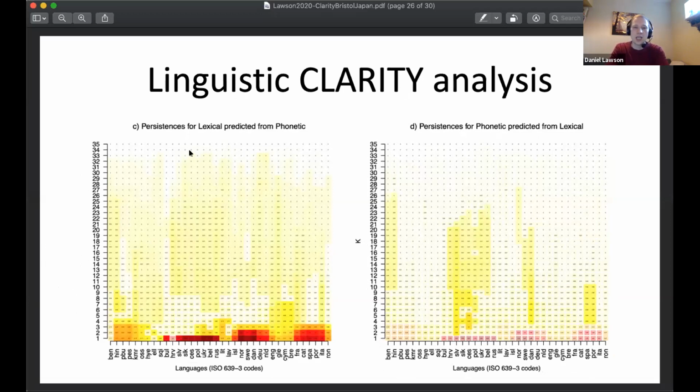If we're trying to predict what words mean from what they sound like, we find there's some failure to predict at these low complexities. That means the relationship has changed a little bit, but these disappear, and you just get left with this wide scale, significant but not very clear persistencies.